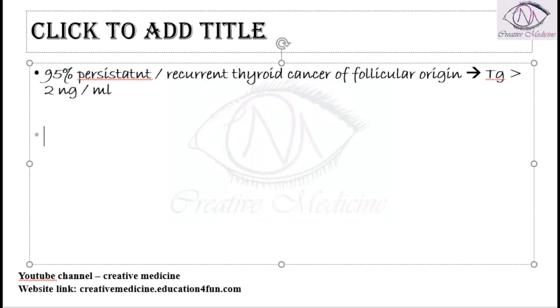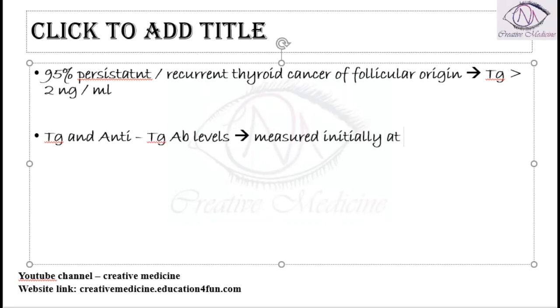In such cases, we should measure thyroglobulin and anti-thyroglobulin antibody levels. They are measured initially at 6-month intervals, and then later you will measure them annually.